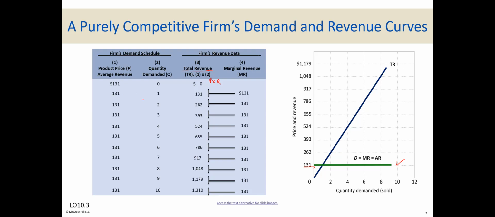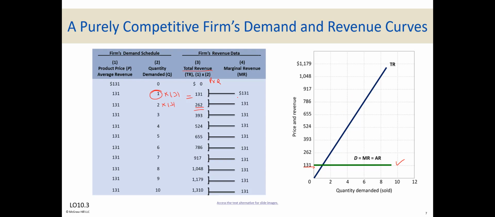So price is 131. You sell one unit, 1 times 131, you have 131. You sell 2 units, 131 times 2, 262. As you see, total revenue increases by 131 as you sell additional units. That's why total revenue is an upward sloping curve.